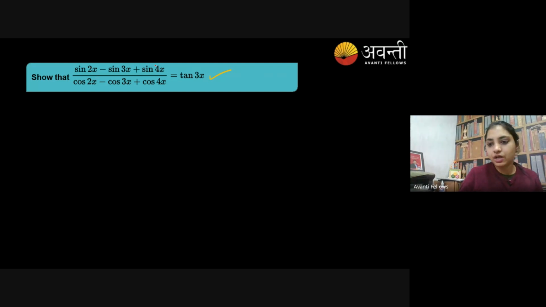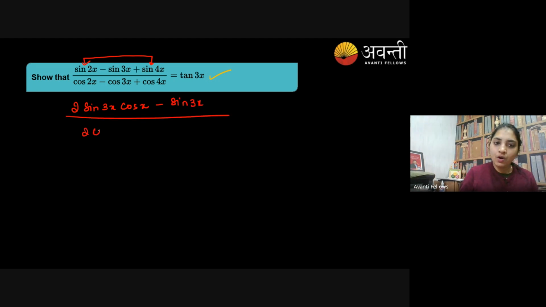When this question comes to my mind, what I have seen is that I will take either both odd or both even. So both even are looking alike, but odd is only one. So I will take both even together. It will become 2 sin 3x cos x minus sin 3x, divided by 2 cos 3x cos x minus cos 3x.